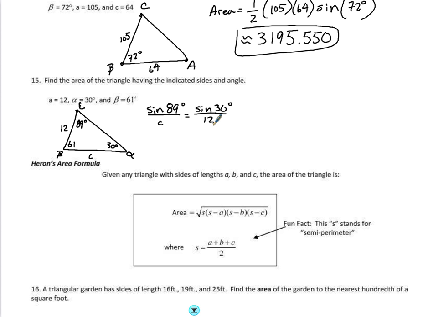Little c is going to be equal to 12 times the sine of 89 degrees all over the sine of 30 degrees, which is really just equal to 1/2. So 12 times 2 is 24. 24 times the sine of 89.